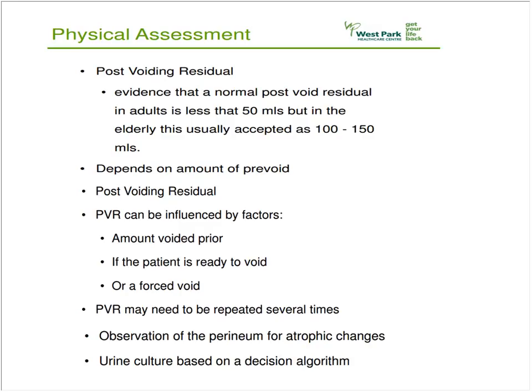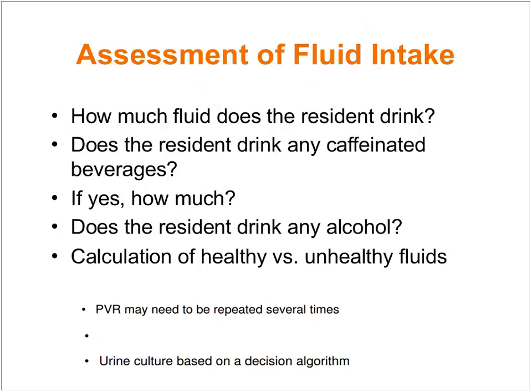I'm not going to give a lot of detail about when to do a urine culture, but there is a whole chapter on this in our handbook, and the decision to do a urine culture is based on a decision algorithm.